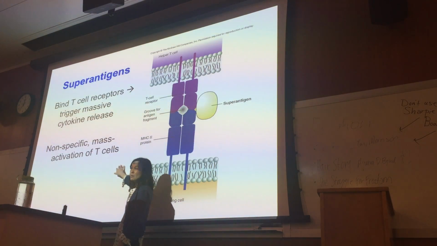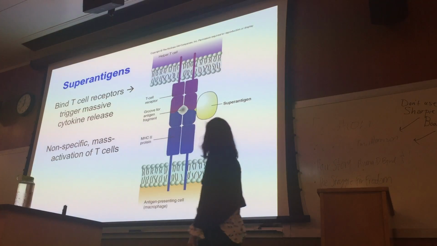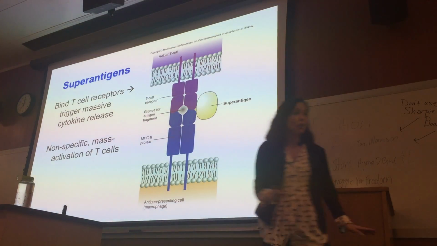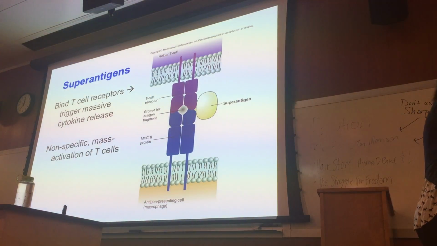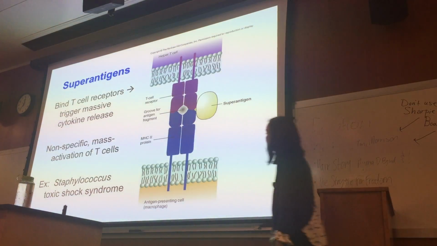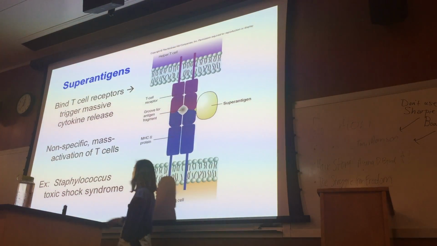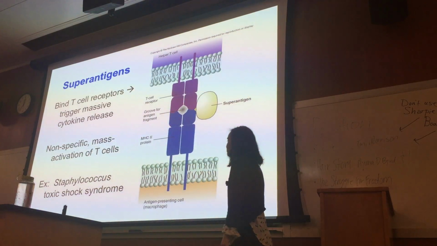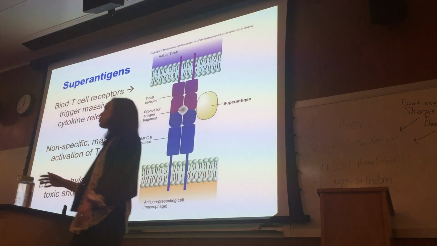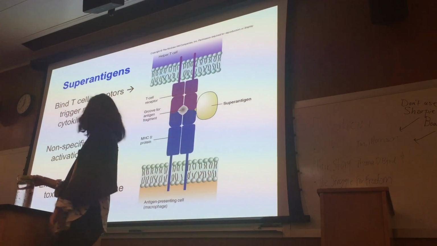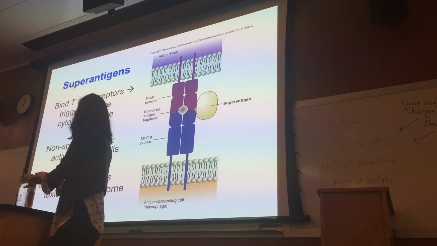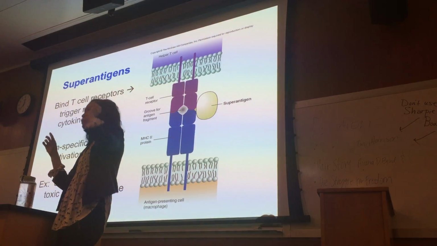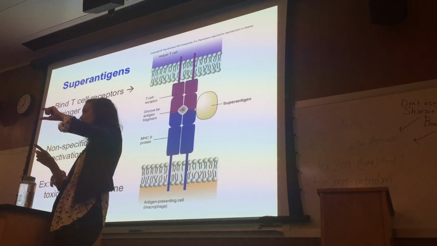So this is what happens with the super antigens. Your immune system gets overstimulated, and what we're going to draw out on the board is what happens with toxic shock syndrome. Right? So they always give you the warning about toxic shock syndrome on the boxes of tampons, right?